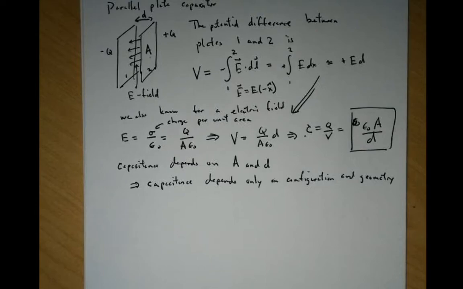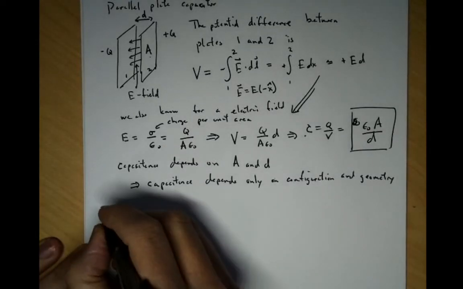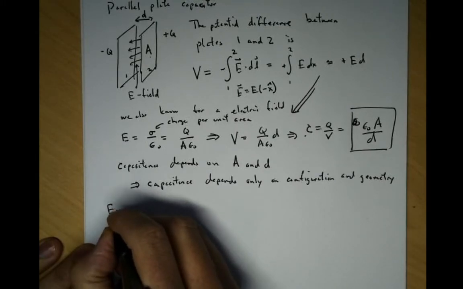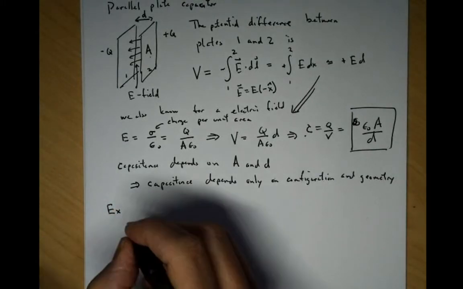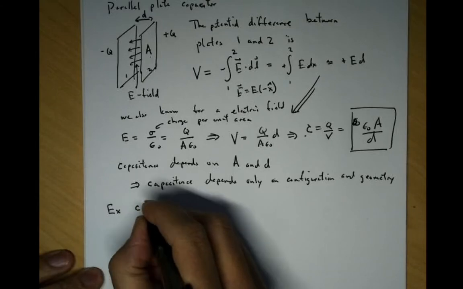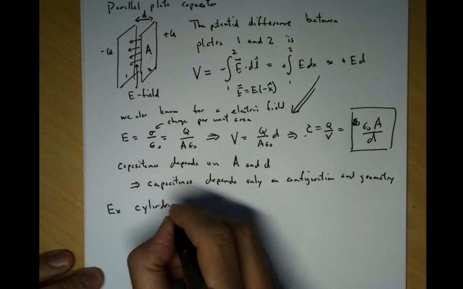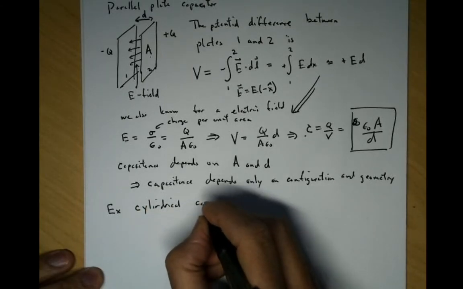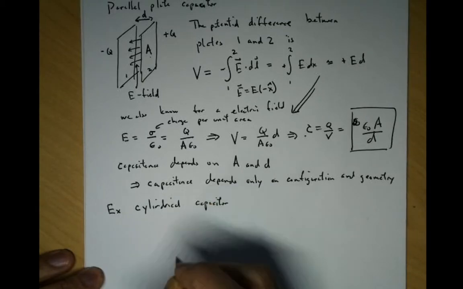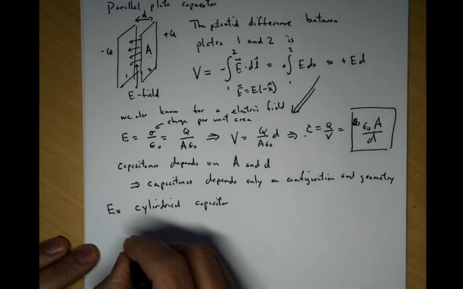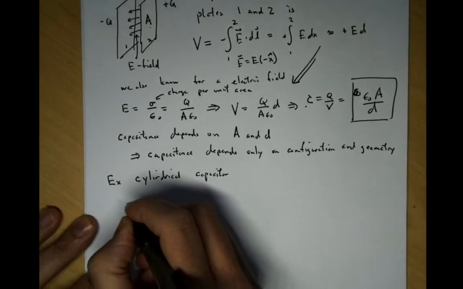All right, so let's go through some examples of this. The first thing we'll look at is the cylindrical capacitor. It looks something like this. Let's draw it out.